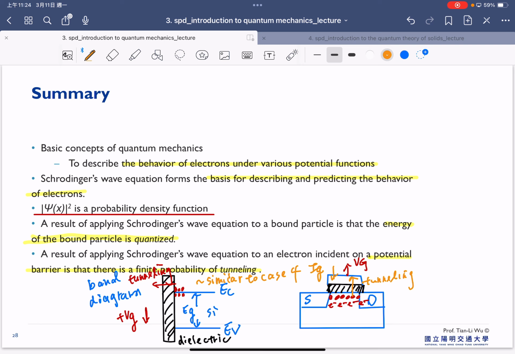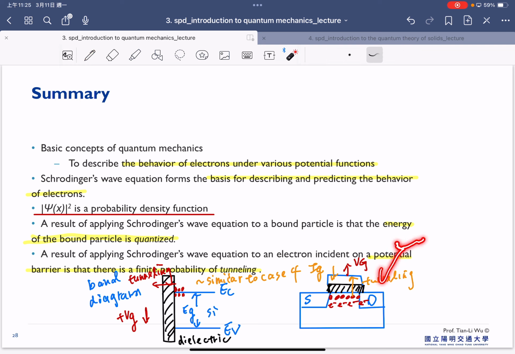Since this Venn diagram is very similar to the analysis related to the potential energy and voltage difference, later on people prefer to use the band diagram to analyze everything, rather than this pure schematic drawing.